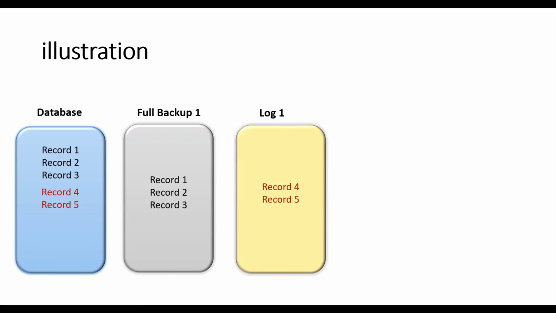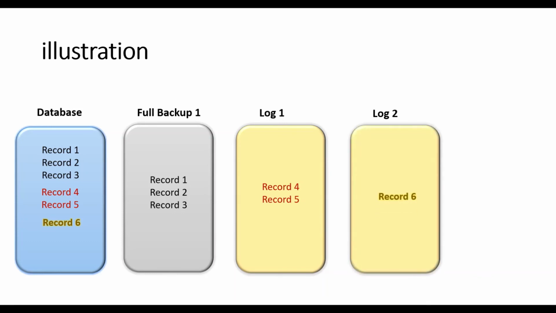And then I am going to insert one more record, record 6, and then if I take a log backup, I will have only those records that were modified after the last transaction log backup. So after the last transaction log backup, I have inserted only record 6. So if I again perform a log backup, I will have only record 6 in my log backup file.